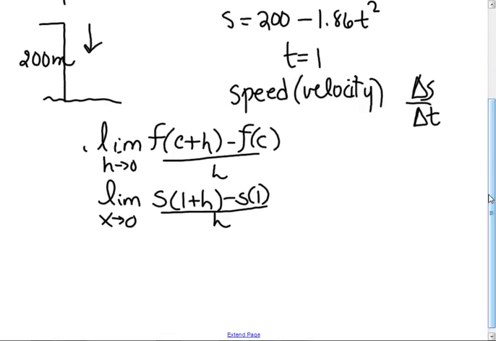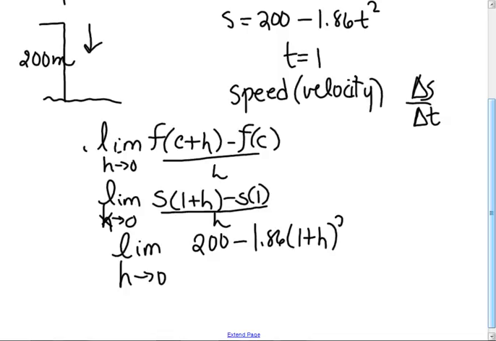So it's going to be the limit as h goes to 0. Don't know why I changed it to x. And so it's 200 minus 1.86, and it's 1 plus h squared. That's the first one. Minus s of 1, which is 200 minus 1.86 all over h.